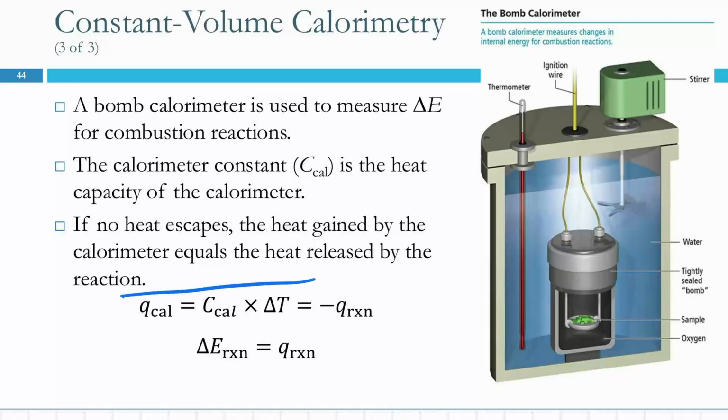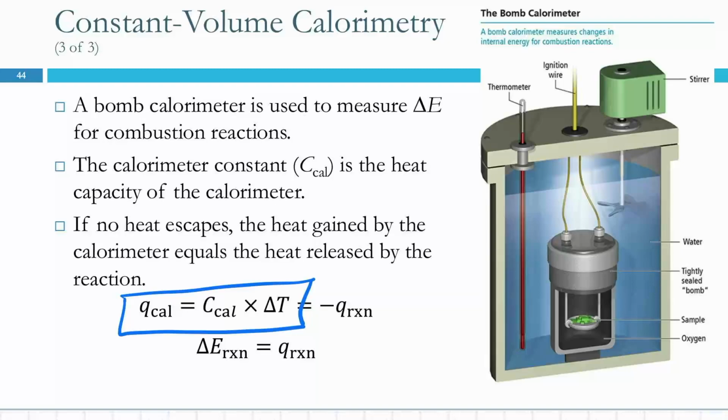So we've got this equation. The energy gained by the calorimeter equals the calorimeter constant times the change in temperature. We can calculate a calorimeter constant if we know how much heat was lost, if we know what the change in temperature was.